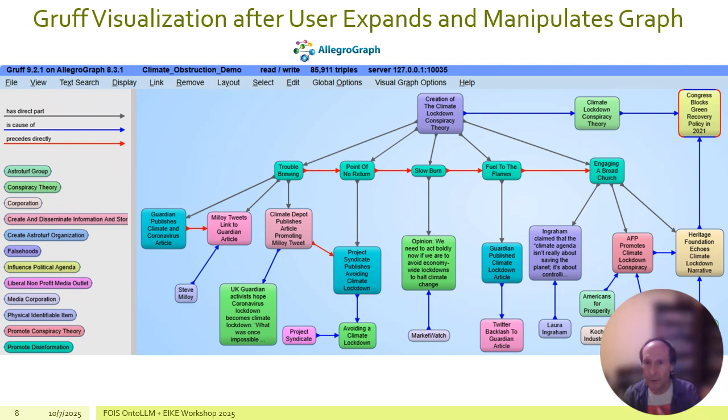So this is showing you a lot more information that you can get with just a few manipulations of the knowledge graph.